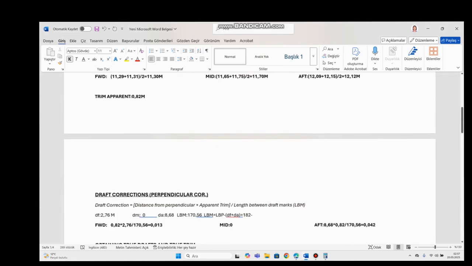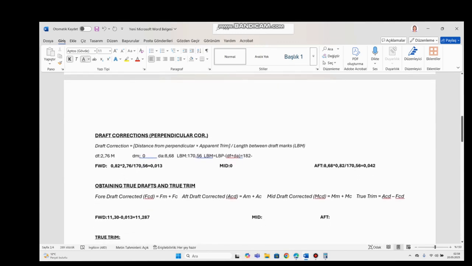For mid draft, there's not any correction. We will write same, 11.7 meters.